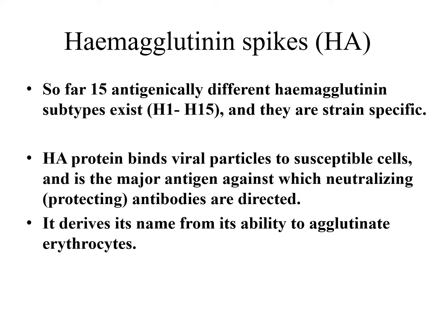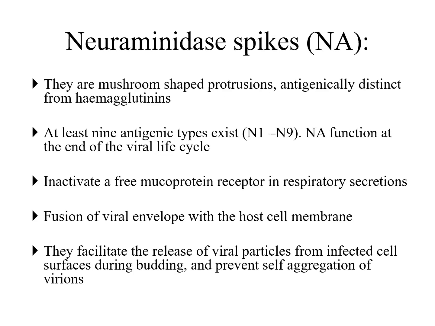The hemagglutinin spike's main role is binding the viral particle to a susceptible cell, and it is the major antigen against which neutralizing antibodies are directed. It plays a major role in the binding to the receptor on the target cell and in internalizing the virus into the target cell, and it is the most antigenic part of the influenza virus.